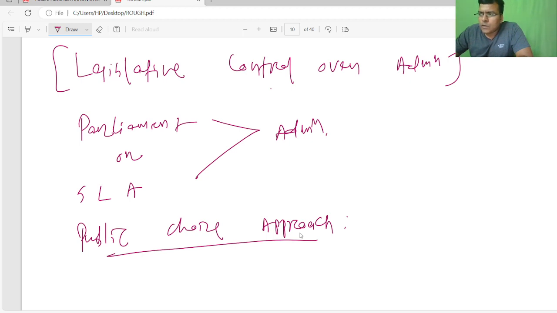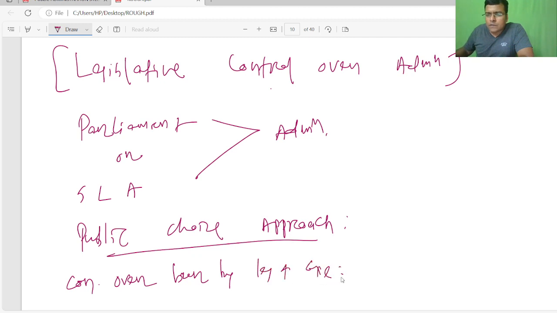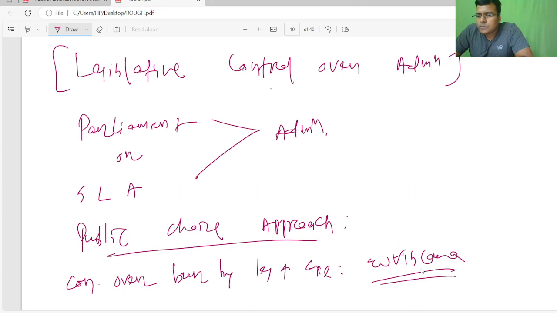Control over bureaucracy by legislator and executive. Who gave this statement? William Niskanen. William Niskanen has given 4 statements, and one of the statements is control over bureaucracy by legislator and executive.